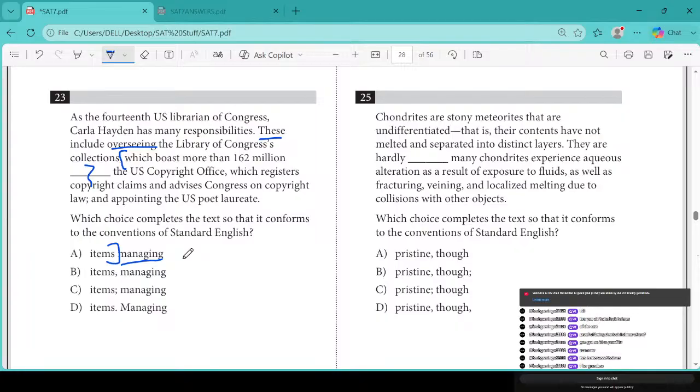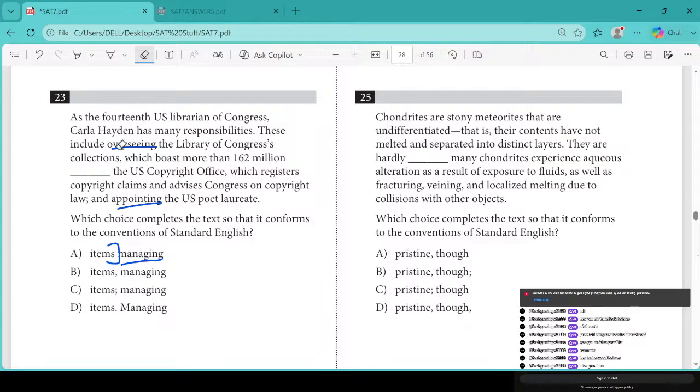This list is really complicated. Let me just clear it out for you guys. So right here we have a list: 1, 2, and this is not a J, this is a semicolon. Because within the list there are commas, like for the appositive phrases, you actually use semicolons instead of commas for this list, right?